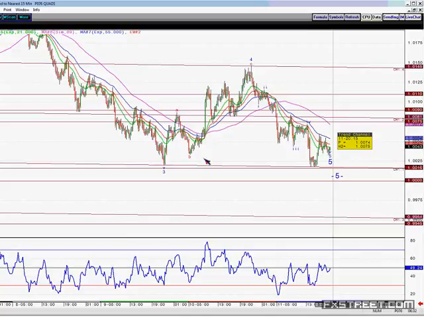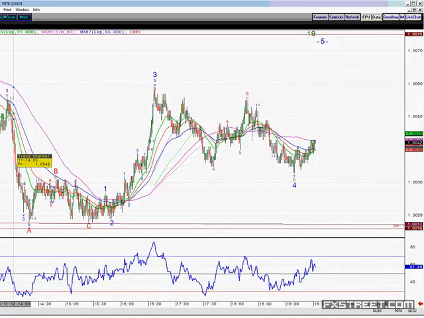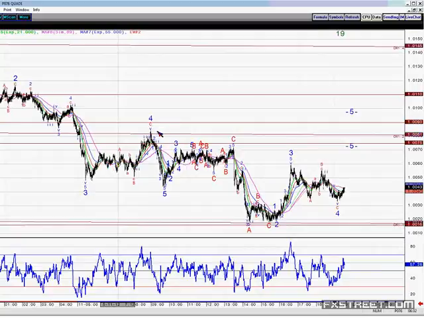And what is so special about these levels? Maybe I want to show you one thing, on a 1 minute. You can see the levels crystal clear, meaning whenever the price reaches our levels, the market does respond.